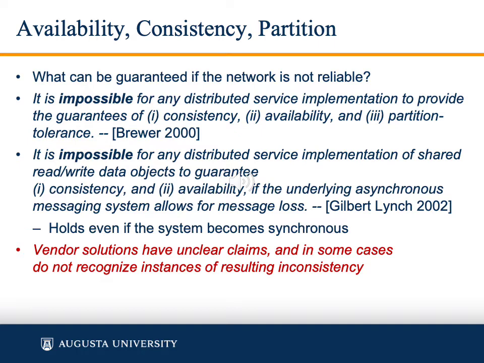Vendor solutions typically do not even realize that partition is a possibility, and are able to proceed, not realizing that something is wrong, and the result being that voters that attempted to vote twice will be able to do so, and what is worse is that the system is unable to recognize this.